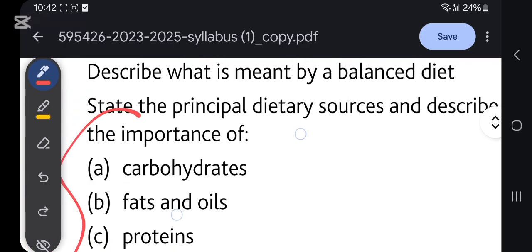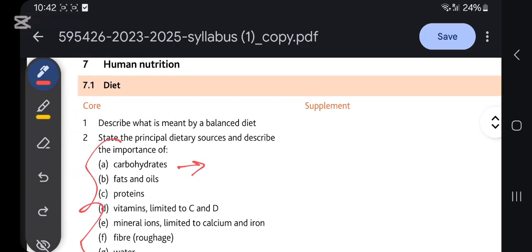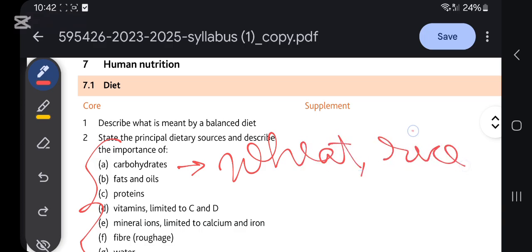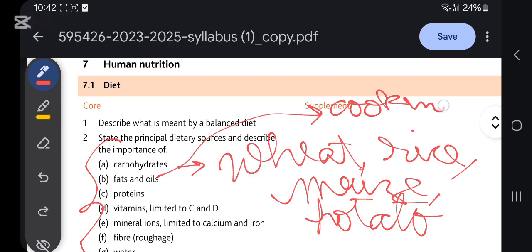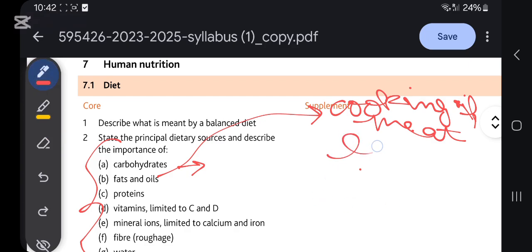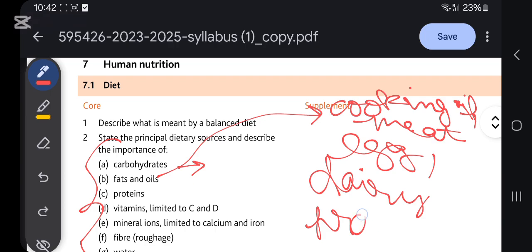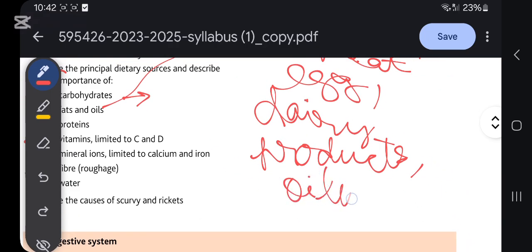Okay, so the principal dietary sources of carbohydrates, where you can get carbohydrates, are wheat, rice, maize and potato. And where you can get fats and oils is from cooking oil, meat, egg, dairy products, and oily fish.